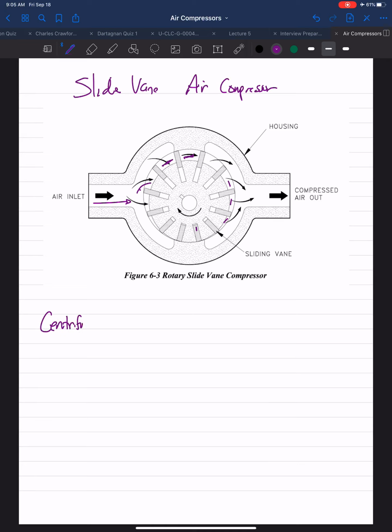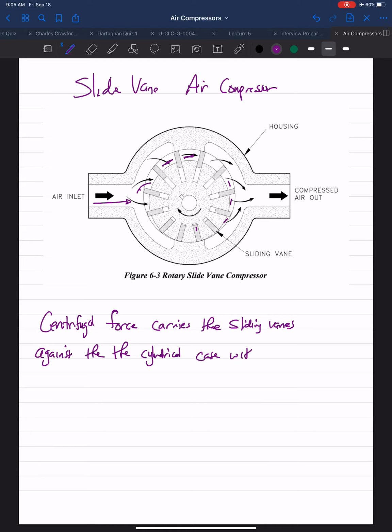So we said the centrifugal force carries the sliding vanes against the cylindrical case, with the vanes forming a number of individual cells.